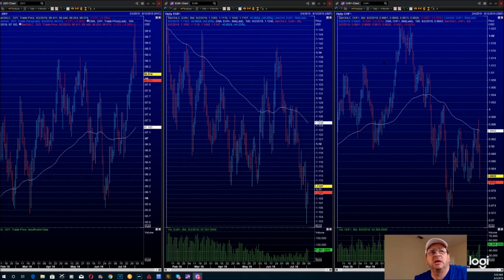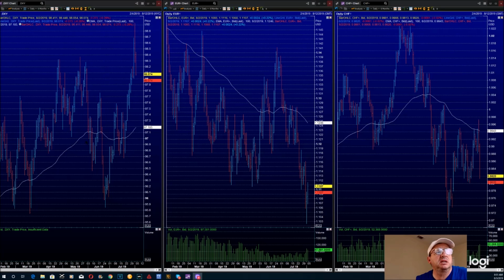It's the same daily chart. You see the Swiss franc, okay, and we have the same for the euro. Now, based on the moving average, the euro here is below the moving average, but this one is quite strongly above the moving average. So the Swiss franc is not exactly going like the euro.